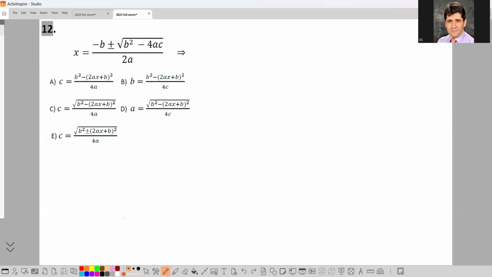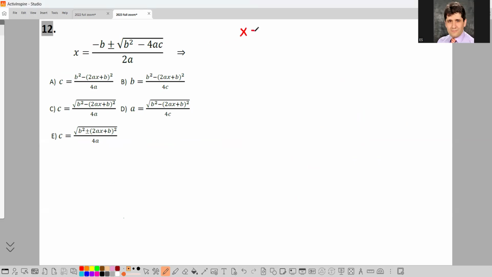This type of exercise is rearranging the expression, or changing the subject of the expression. We don't know which term to make the new subject, because we have C as subject, B as subject, and A as subject. Let's try to make C the subject of this formula.